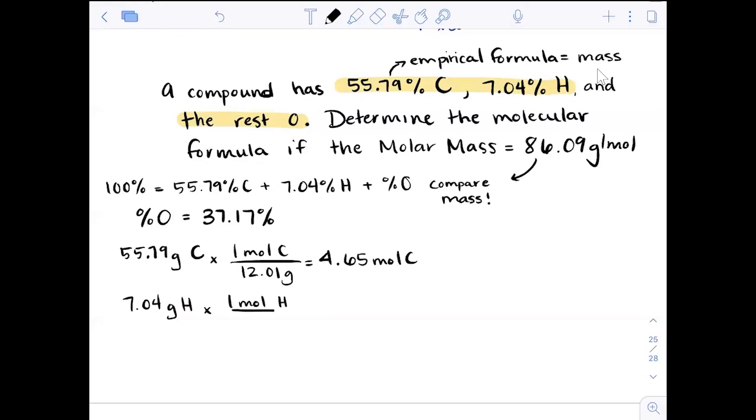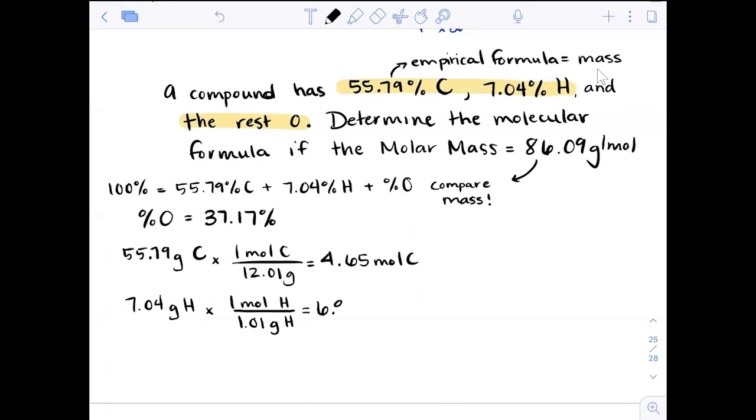Make sure we're not using any diatomics here. This is not a diatomic type question. This isn't a reaction. This is just looking at the elements that are composed in this sample. 6.97 moles each.